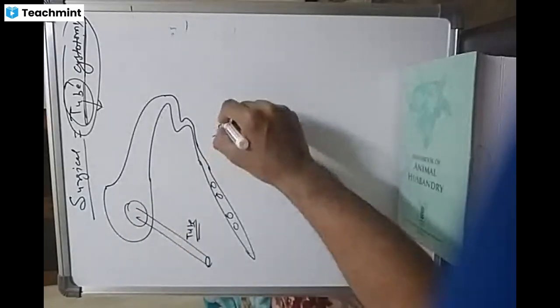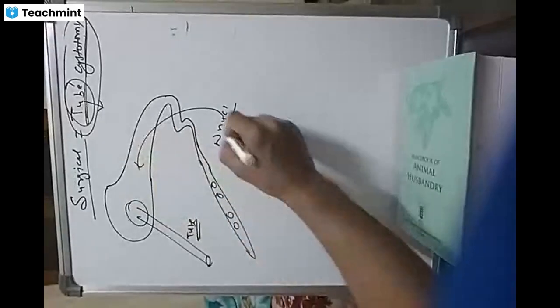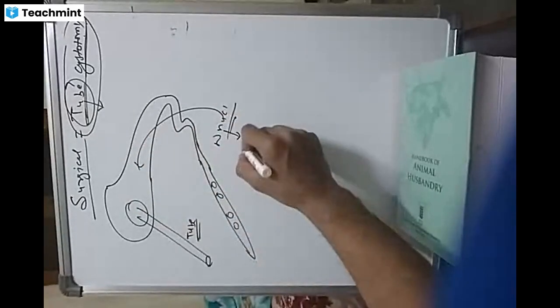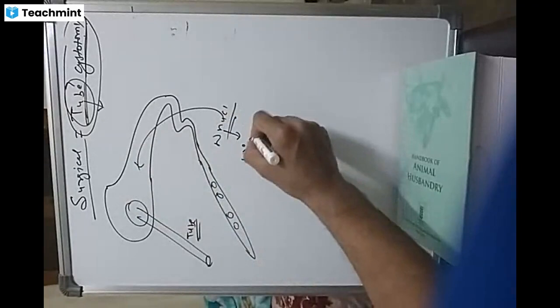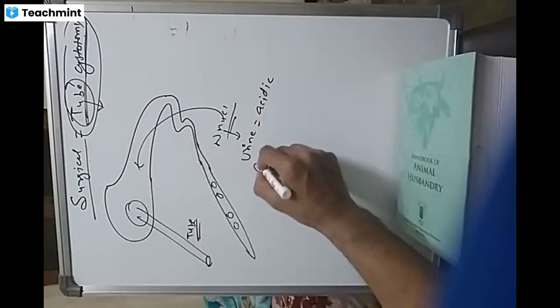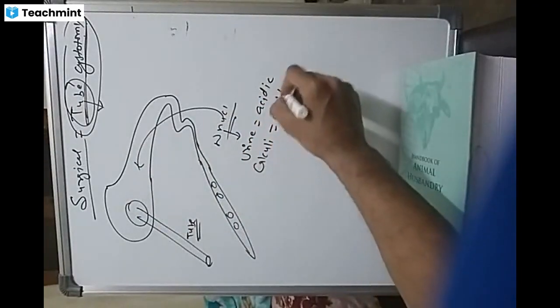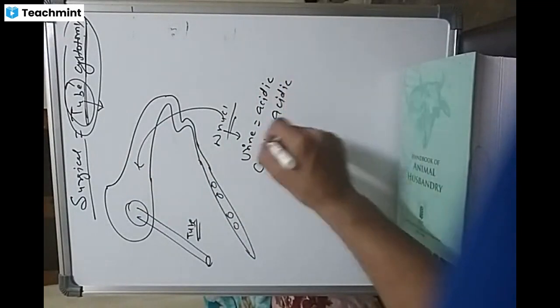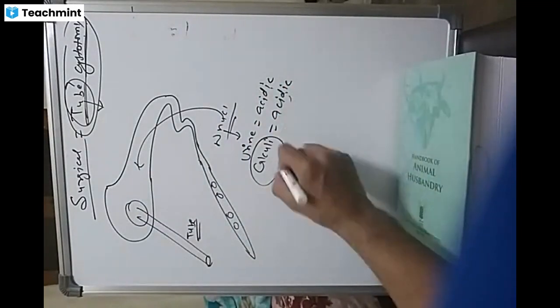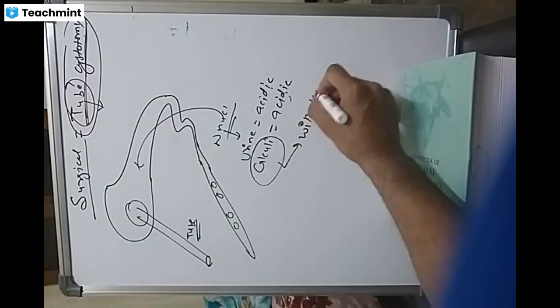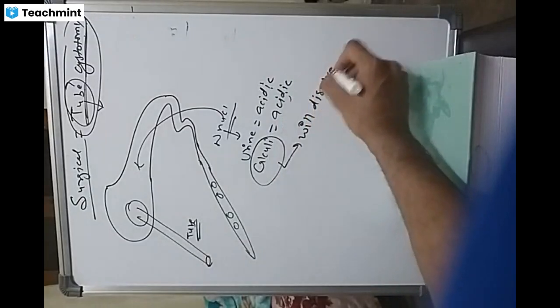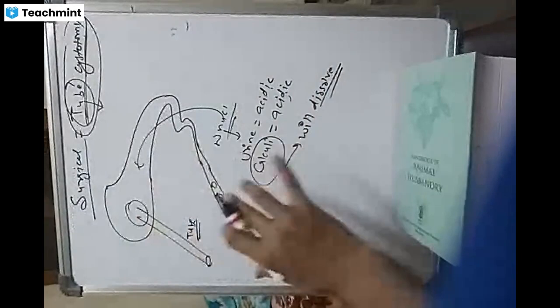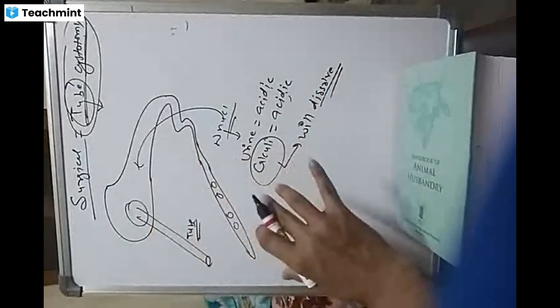The ammonium chloride will make the urine acidic. The calculi will dissolve. So this is the main basis behind the surgery.